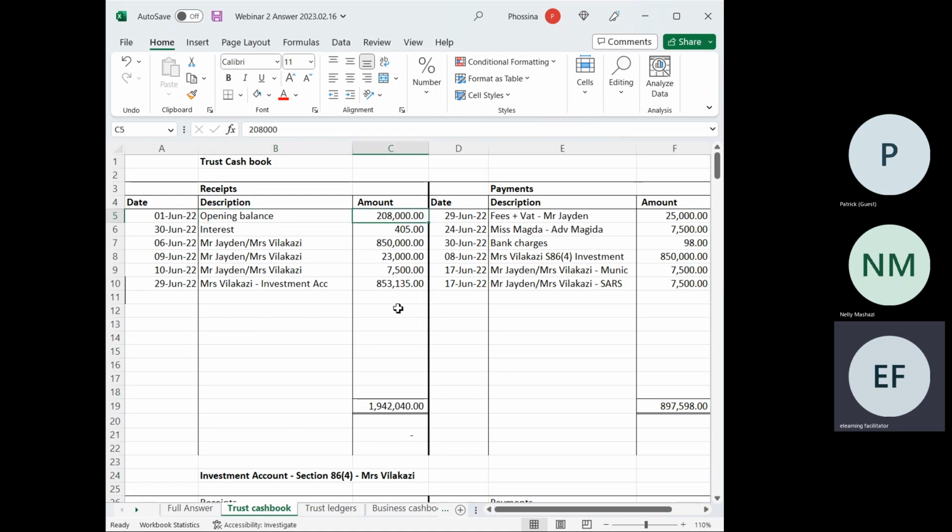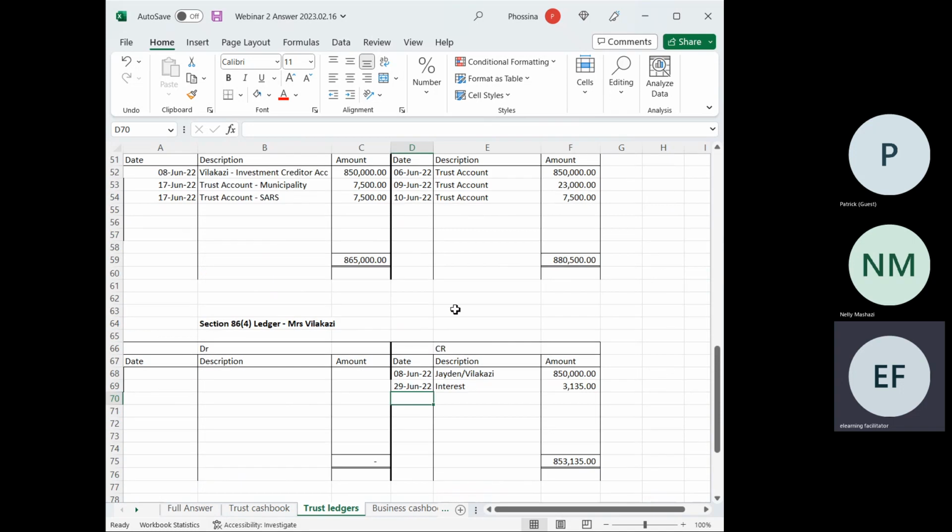In our trust account, there's no need to show the split of our trust creditors. We take the full figure, and the split of the trust creditors we do as part of recording our trust ledgers.